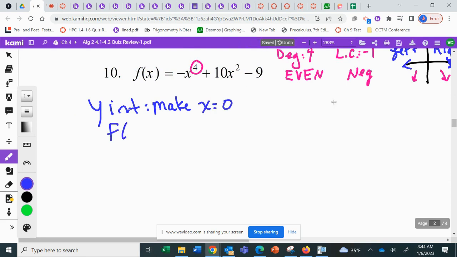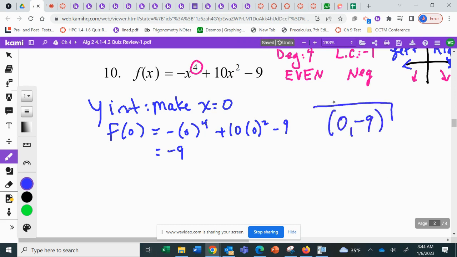So in my equation, f of 0 equals negative 0 to the 4th plus 10 times 0 squared minus 9, I get negative 9. So we write my y-intercept as 0, negative 9. Okay.